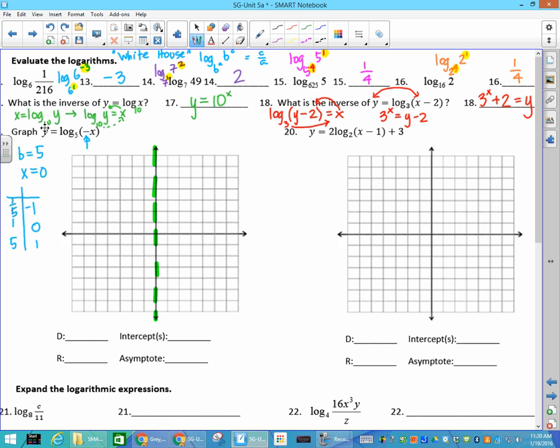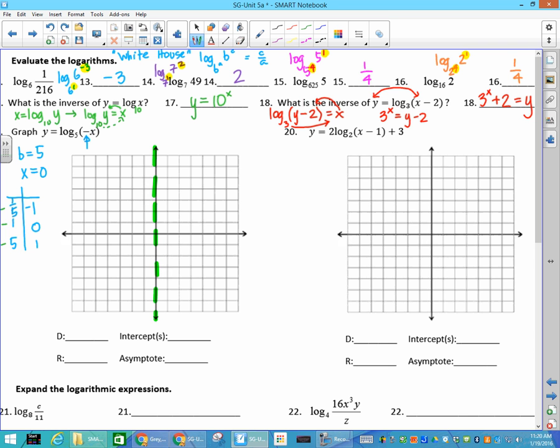My parent function would just be y equals log base 5 of x. So that negative is inside, and that means it affects the x. And so this is multiplying by negative 1. If I divide each of these by negative 1, then it has the same effect. So they each become negative.